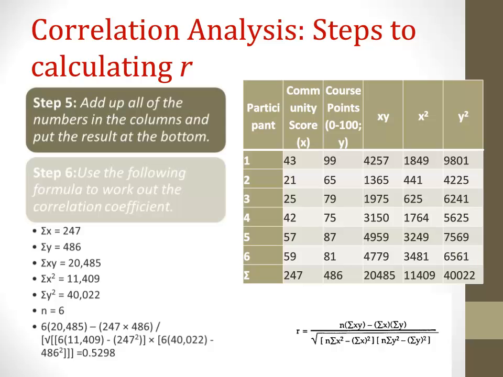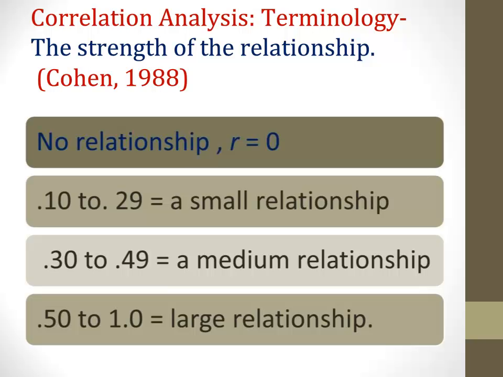So now let's go ahead and focus on talking about how we use the value to interpret the strength of the relationship between the variables of interest. So to this point, we talked about the direction of the relationship, and the direction is indicated by the sign.